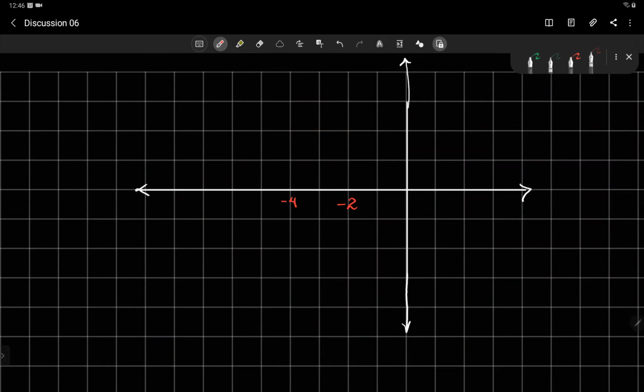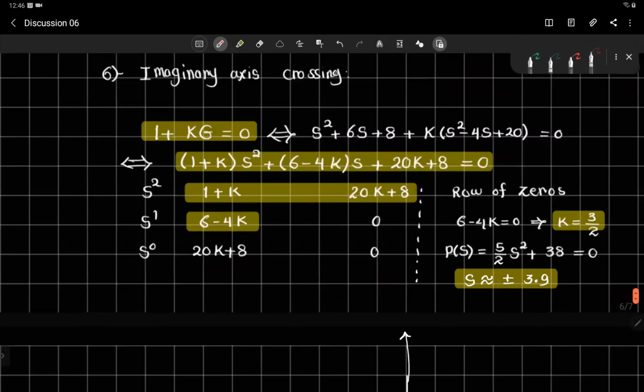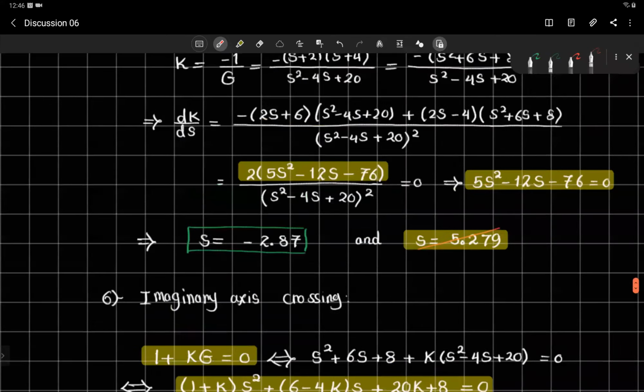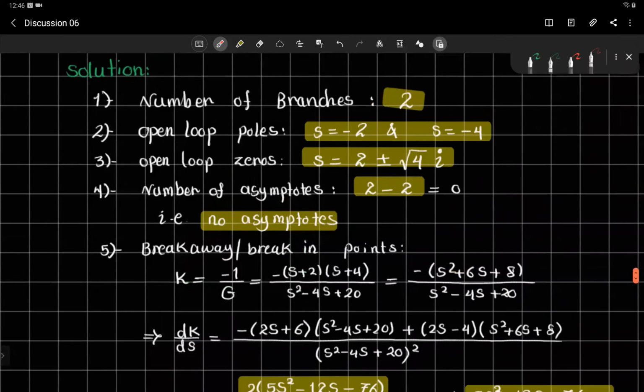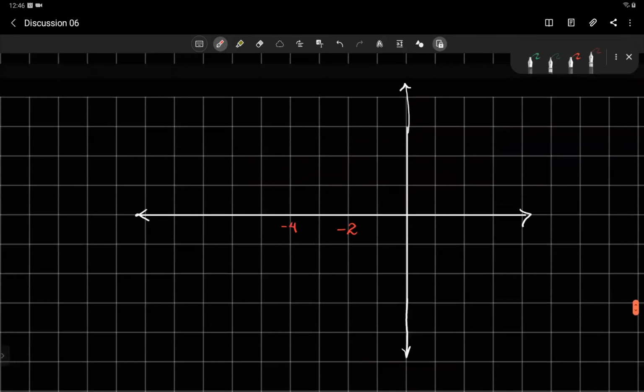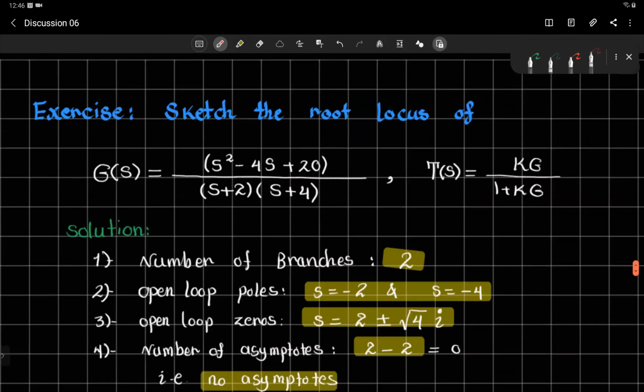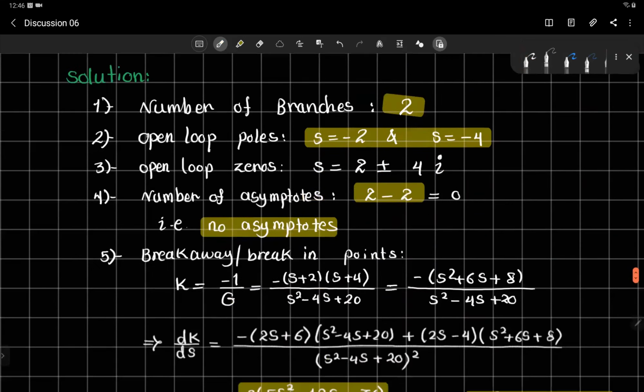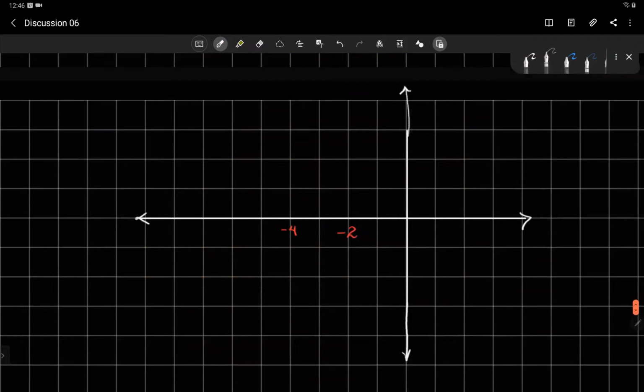And we have two zeros at 2 plus or minus i times 4. Sorry, this is not the square root of 4, this is just 4.